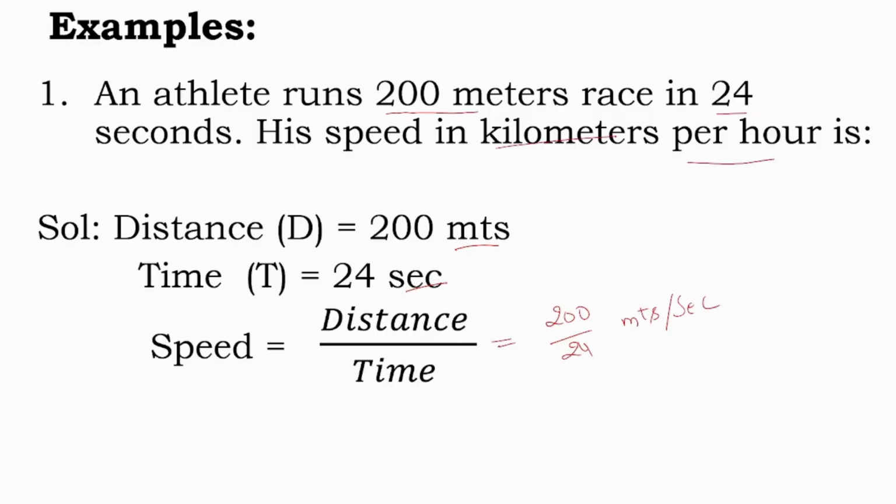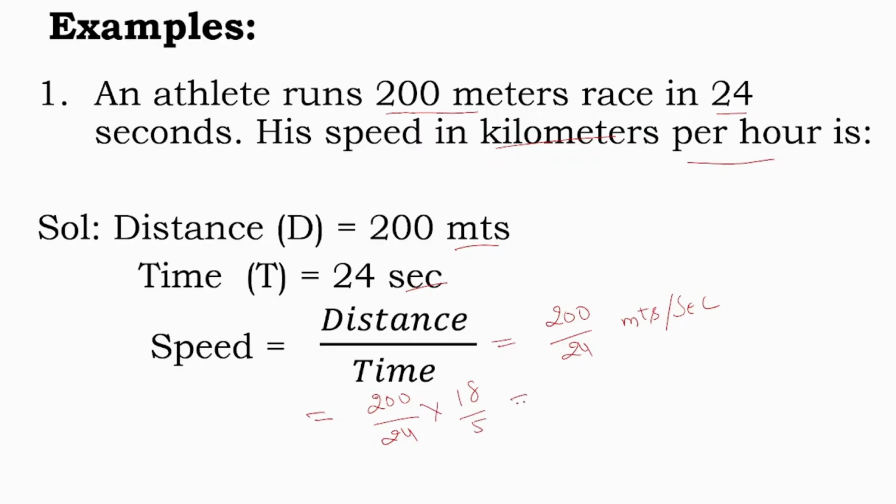kilometers per hour. So what is the relation between meters per second and kilometers per hour? The given speed 200 by 24 should be multiplied by 18 by 5.